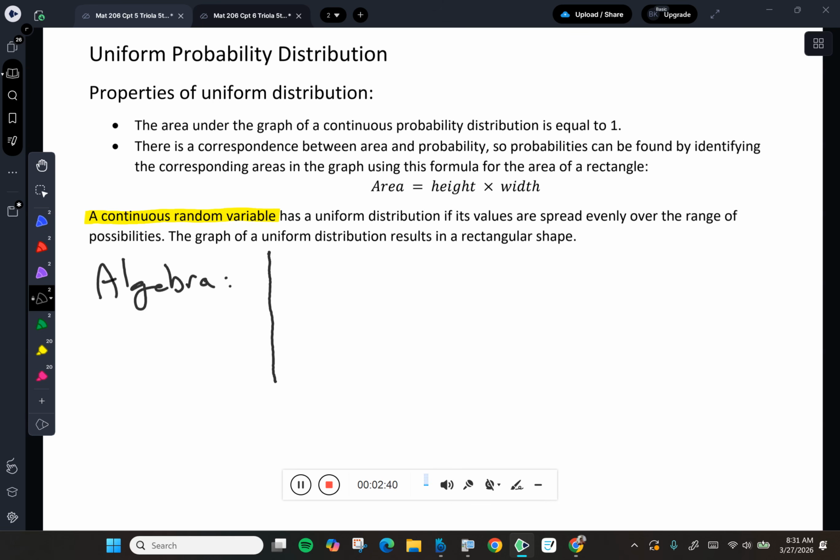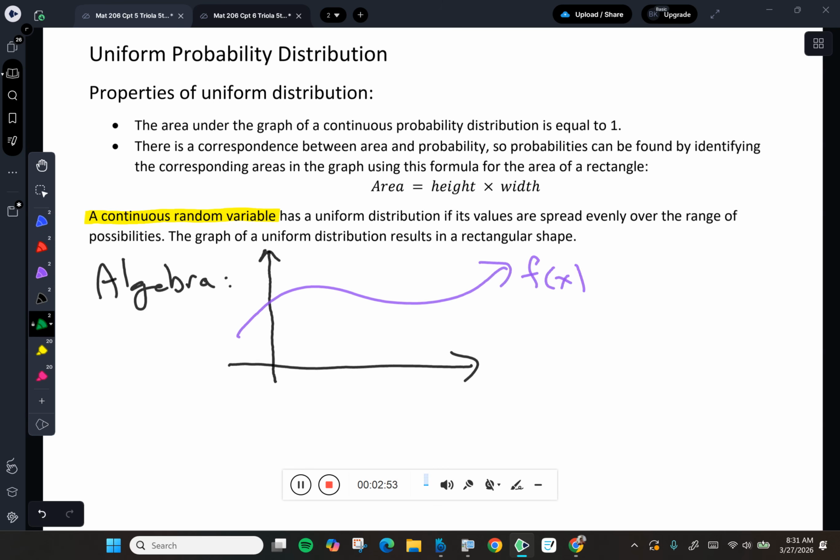So someone is going to hand us algebra. We're going to graph that algebra. That algebra right there, that f of x, whatever that algebra is going to be our probability function. And then we're going to have a range of values, an a and b, and then that horizontal range there from a to b, that is going to represent all of the values for our random variable.